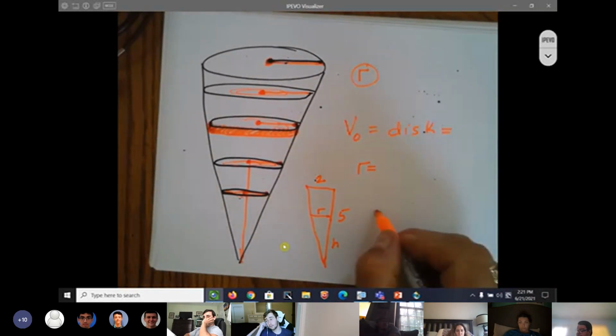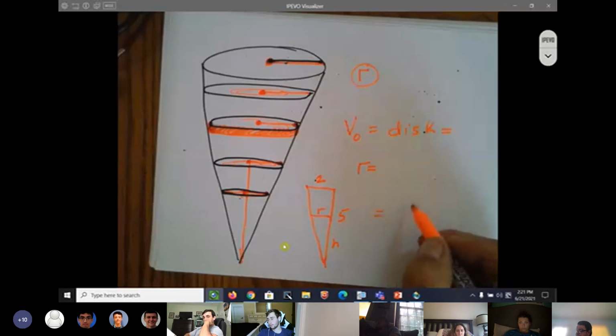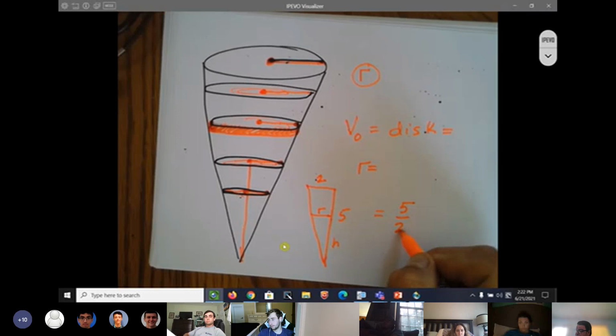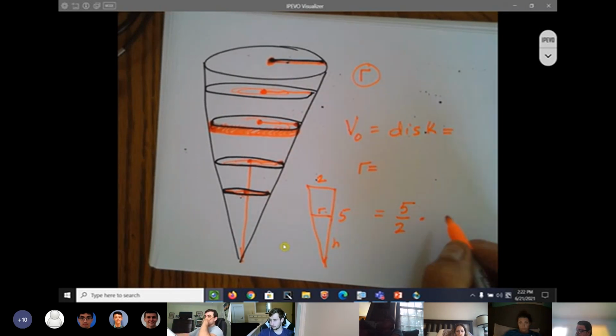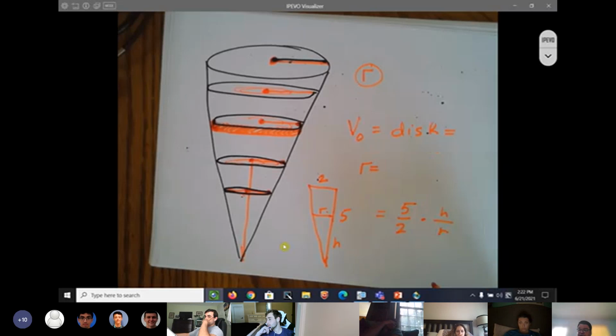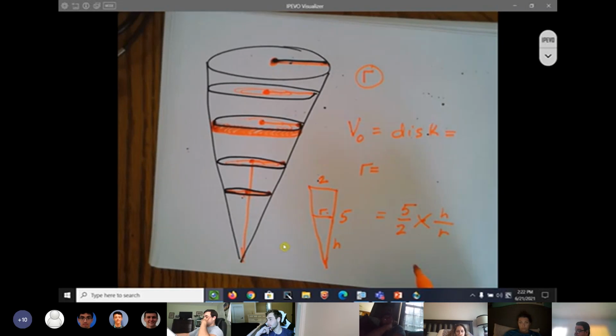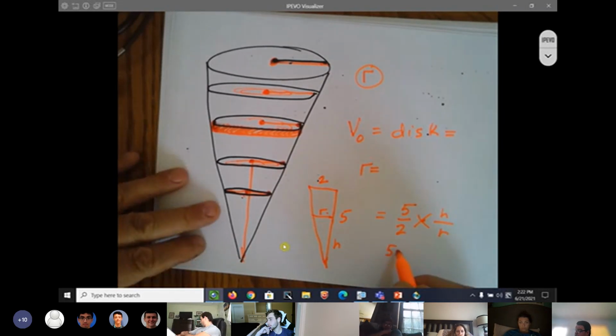And the first thing you're going to do is you're going to solve. 5 is to 2 as what? H is to what? H is to R. You're going to solve. 5R is equal to 2H, and you automatically solve for R, 2/5 H.